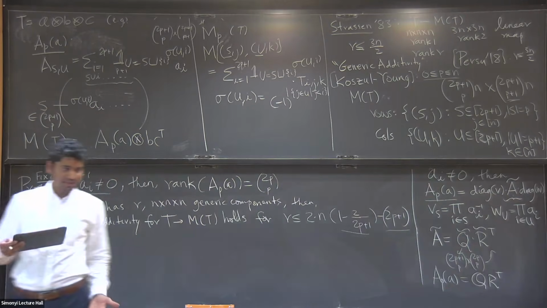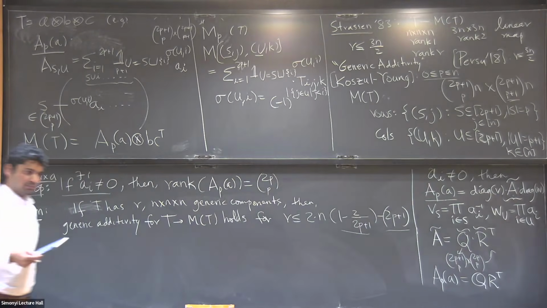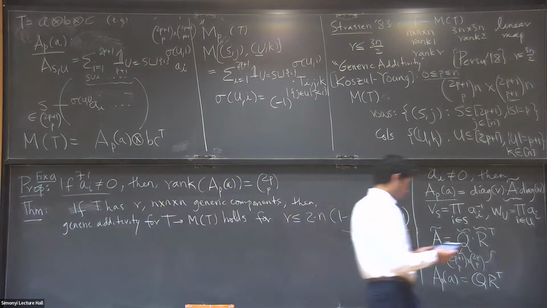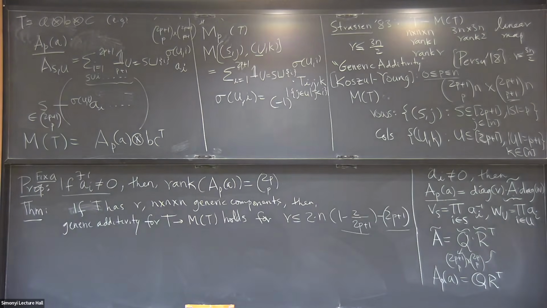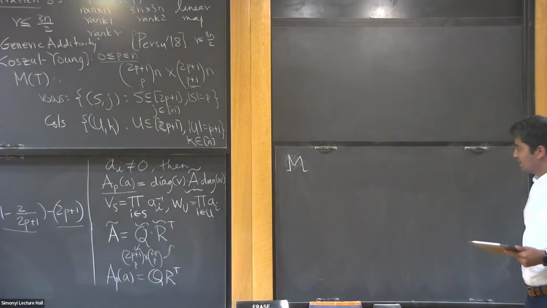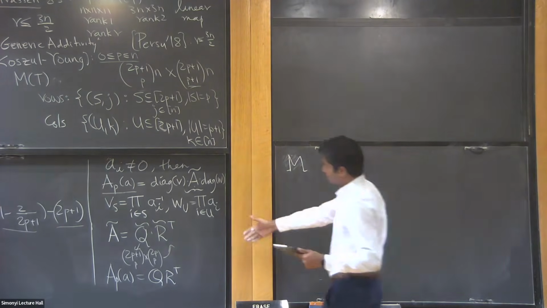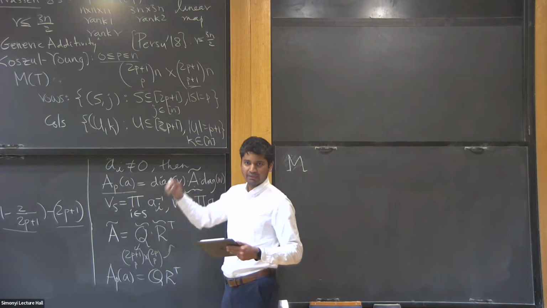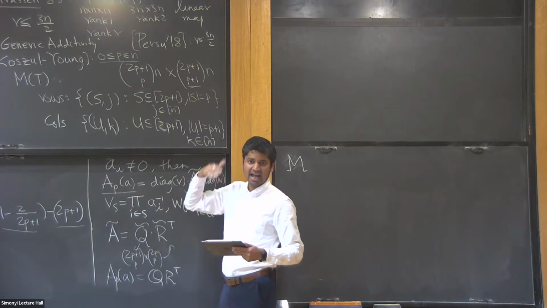Okay, makes sense? Good. So I can write down the matrix M of the tensor now by taking these APAs, taking canonical products with the corresponding B's and C's and adding them up.